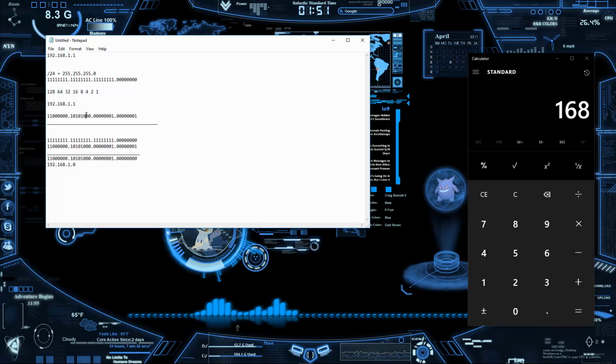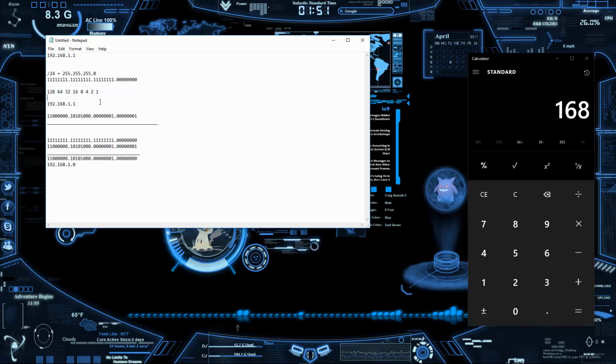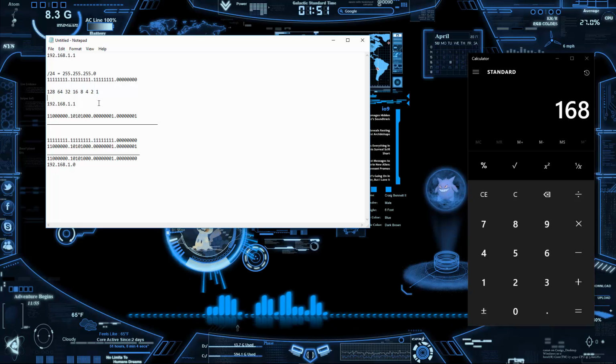And obviously the rest of these would make it too high, so they're false. That's fairly simple. That's how it works.